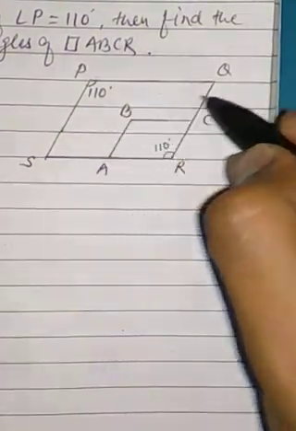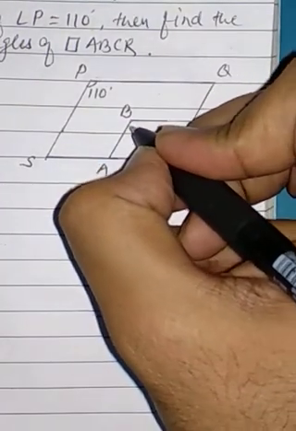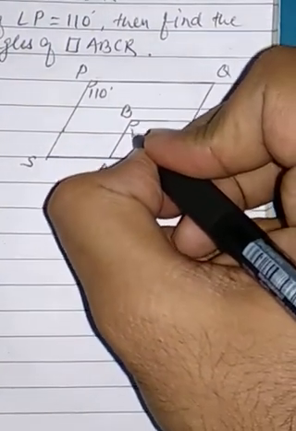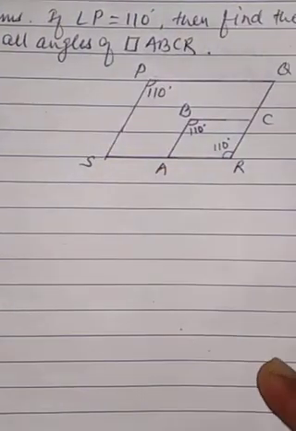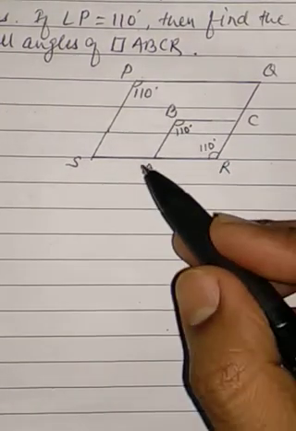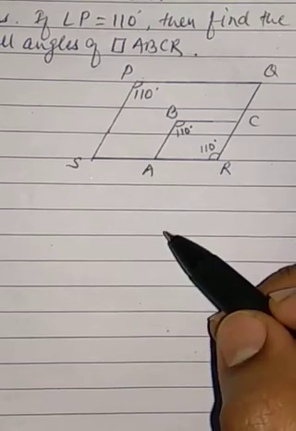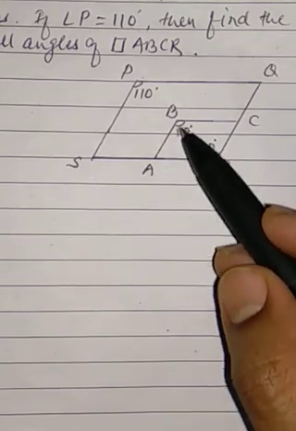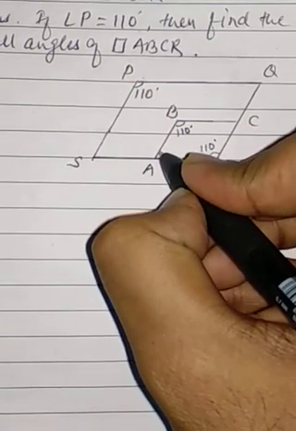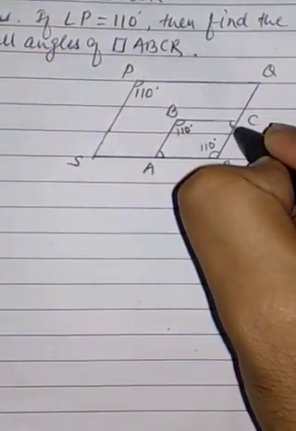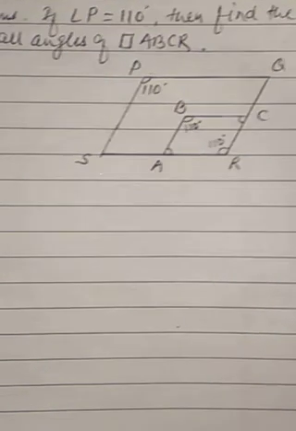Now it is a parallelogram already given and angle R is opposite to B. That means angle B is 110. So students, you can see here that you now found two angles of quadrilateral ABCR. So remaining are angles A and C. Now you know that adjacent angles are supplementary. So you can find angle A, and once you can find angle A, you can find angle C also, because opposite angles are congruent. So let's start.